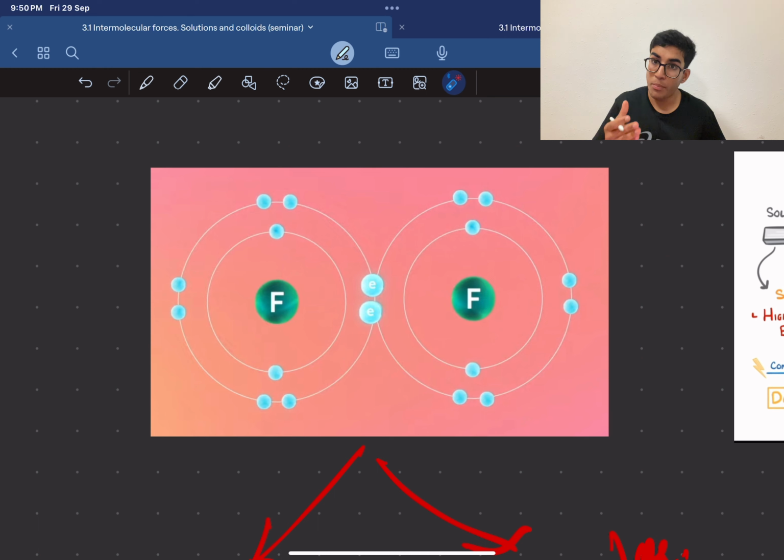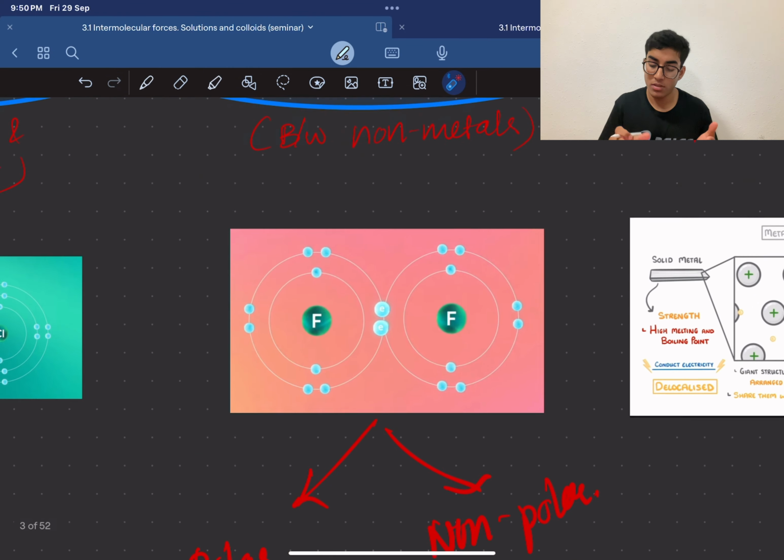Hence, this is a non-polar covalent bond. There's no slightly negative, slightly positive charges, okay? Again, ionic bonds are formed due to the reason that there is a positive and a negative charge, but in covalent bonds, that's not the deal. The main reason that they're bonded together in covalent bonds is because they're sharing electrons.